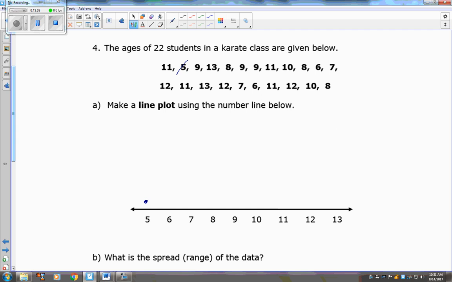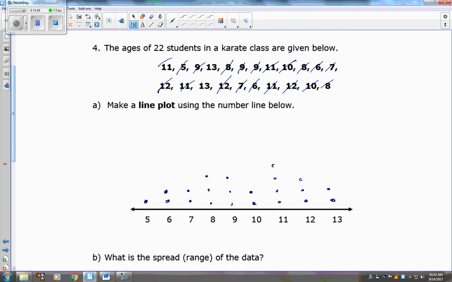Now 6, there's 1 and 2. 7, there's 1, there's another 1. 8, 1, 2, 3. 9, 1, 2, 3, 3. 10, 1 and 2. 11, 1, 2, 3, 4. 12, 1, 2, 3. And 13, we have 2.